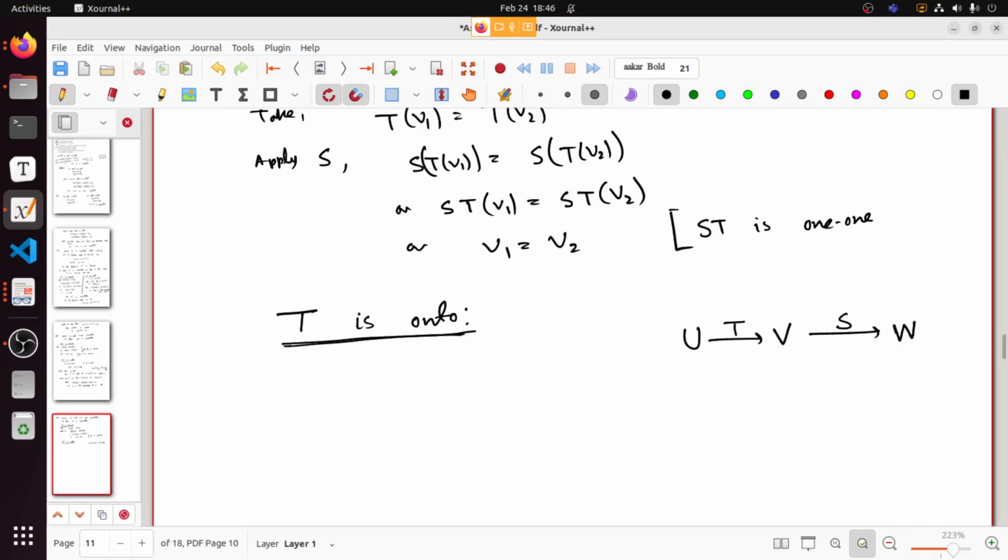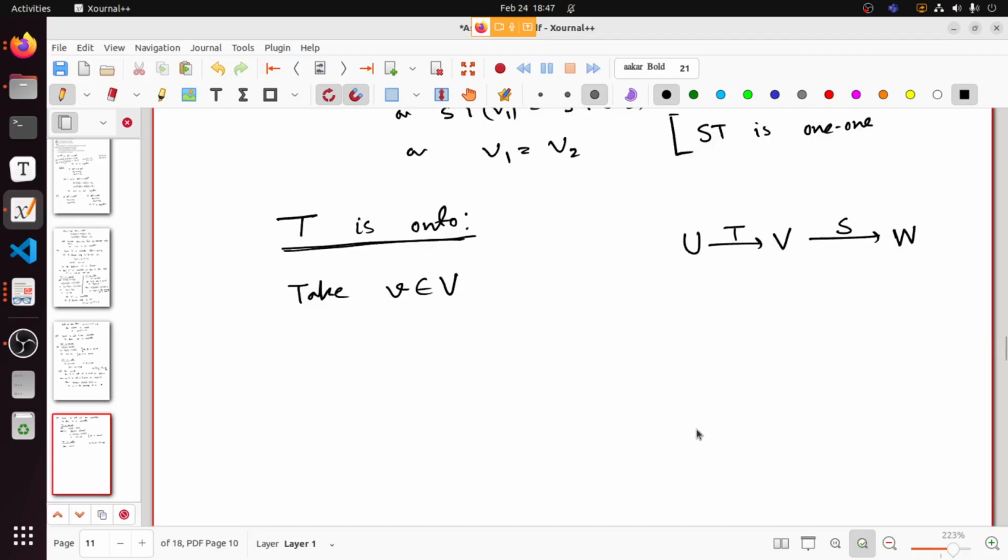Let's take a small v in V. You have to find a preimage, some element u such that T of u equals v. Then let's define S of v equals w, a small w, which will be in W, because S is a map from V to W.